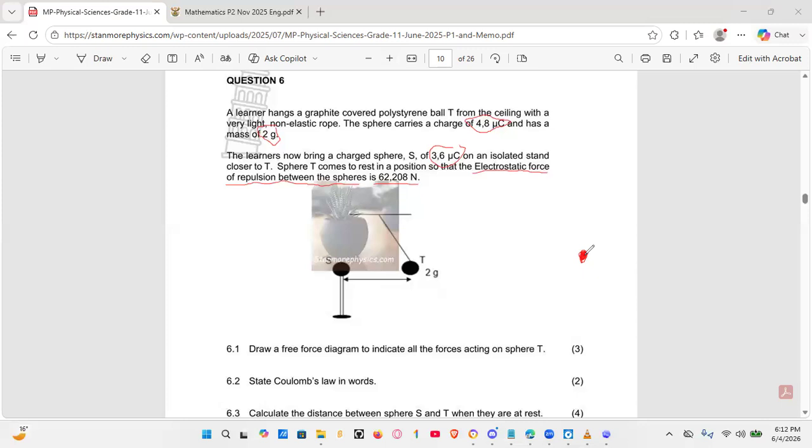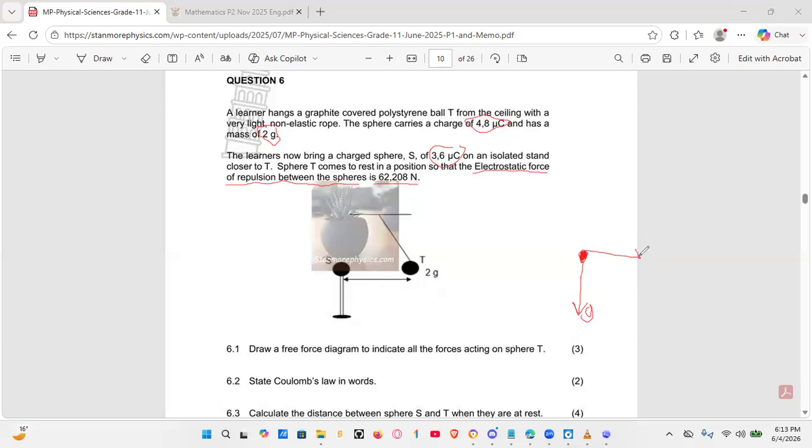So you really have to be careful with the different types of electrostatics questions. But in this case, it's the electrostatic force. So you said we have gravity, and then the force will push it to the side.